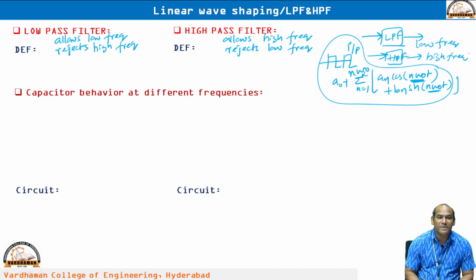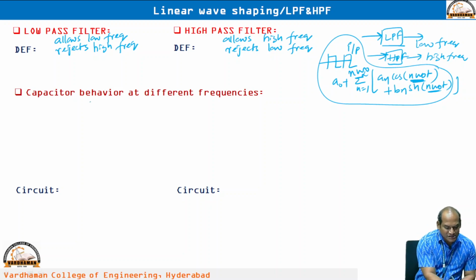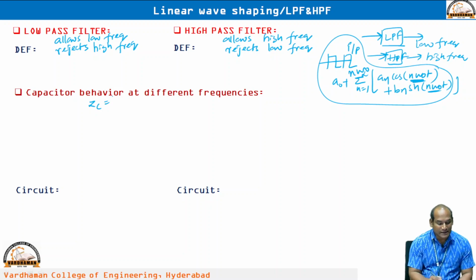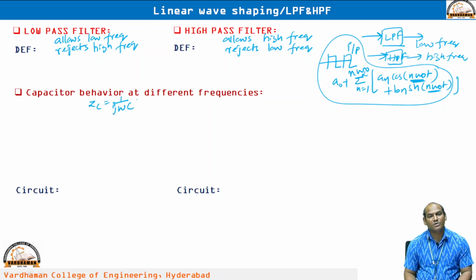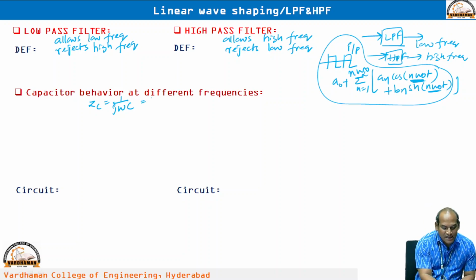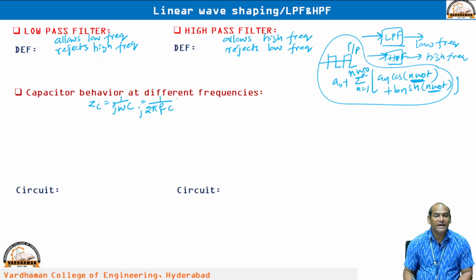The capacitor's impedance is based upon the frequency. The ZC value, that means the impedance offered by the capacitor, is given by 1 by j omega c. Omega is the angular frequency measured in radians per second, which can be written as 2 pi f. So, 1 by j 2 pi f c is the impedance offered by the capacitor.